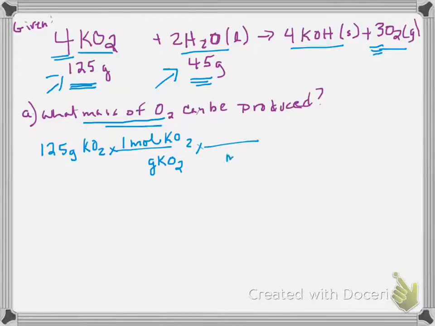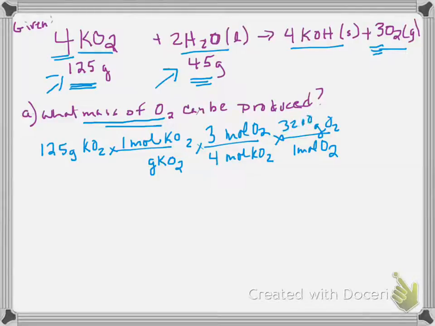Then I can relate the moles of the potassium superoxide to the moles of O2, and that is just 4 to 3 from the balanced chemical equation. Then we can find out how many grams of oxygen that would make.